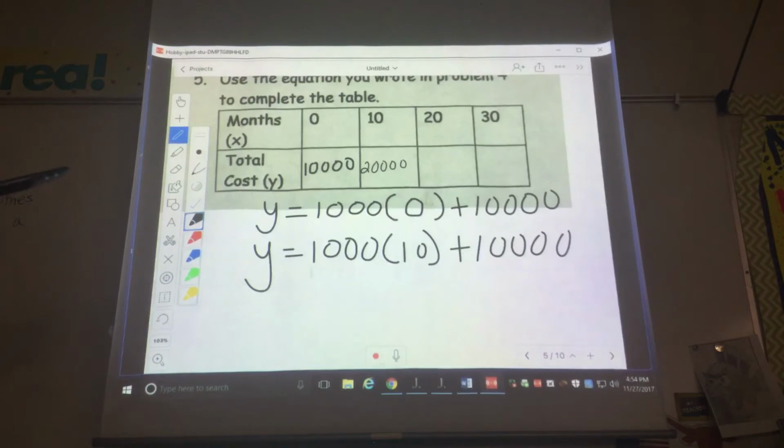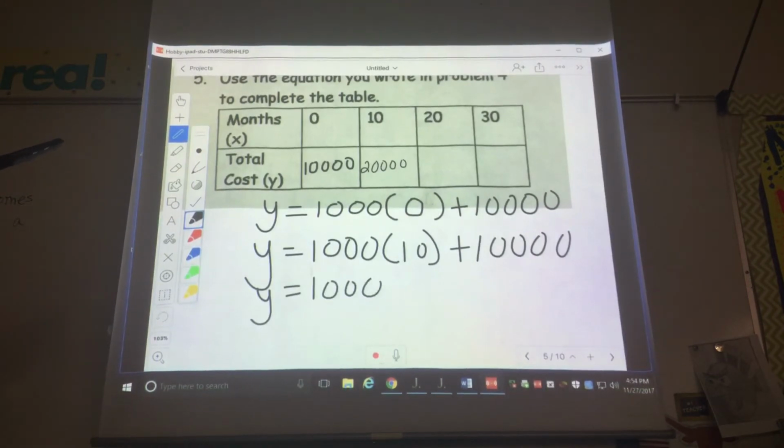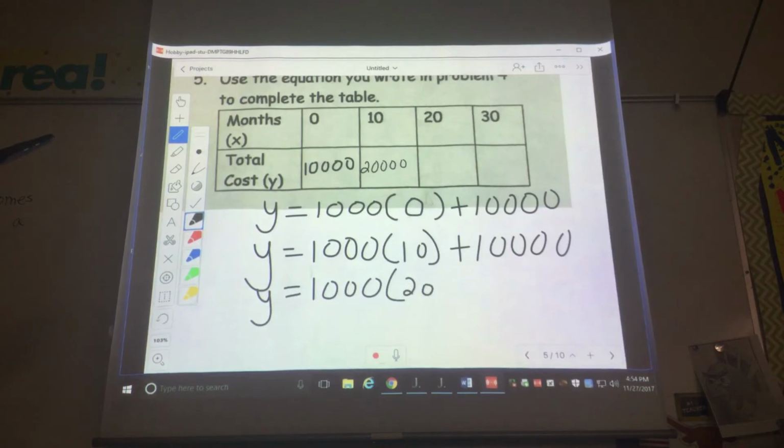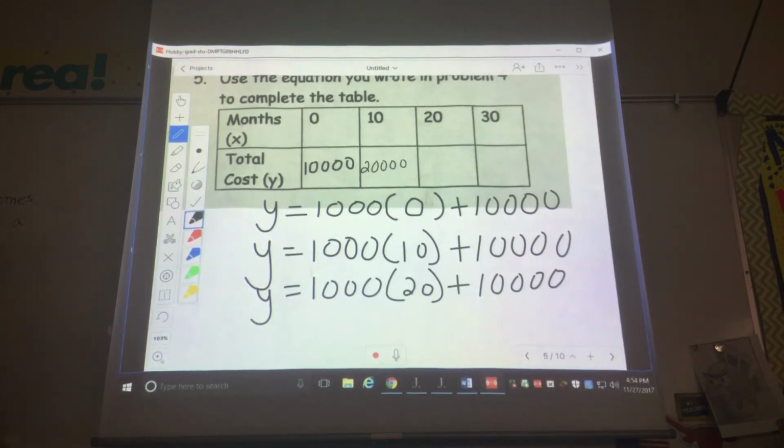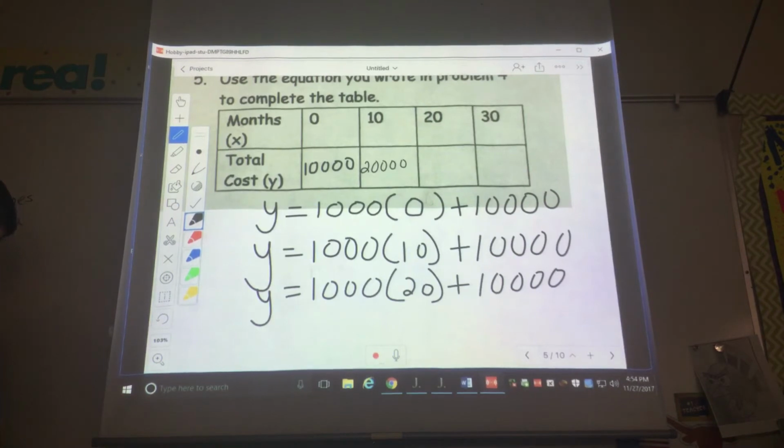Okay. Y equals 1,000 parentheses 20 plus 10,000. So you just plug it in and go from there. Enter 20. This is going to be 30,000.